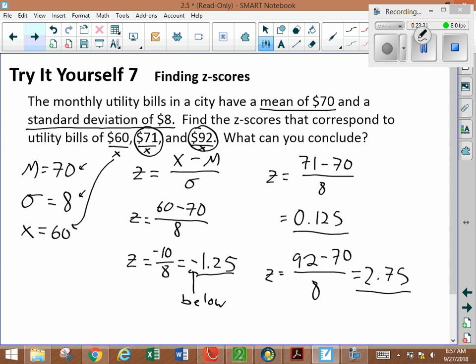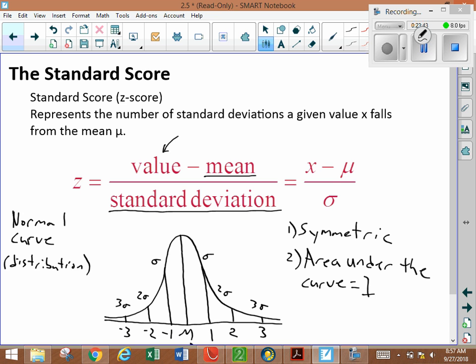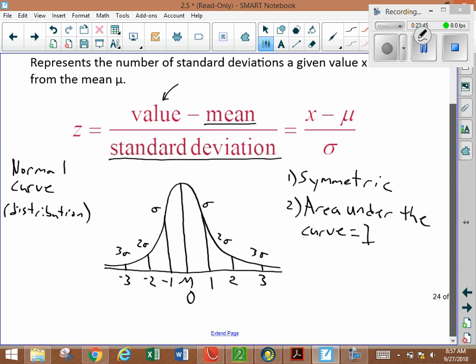This one is going to be the most common. That one is less than 1 standard deviation from the mean, so it's somewhere in here. Any data point that falls in here, about 68% of the data is in there, as we learned from our empirical rule. So that means it's probably fairly common.